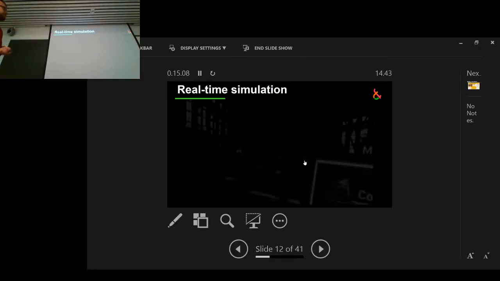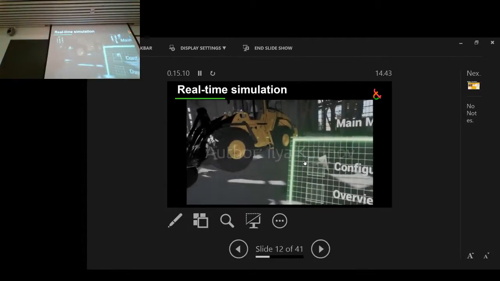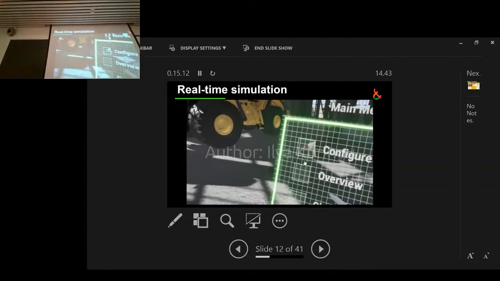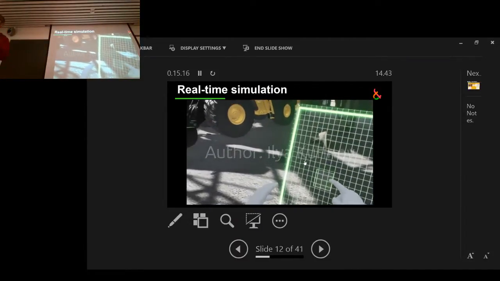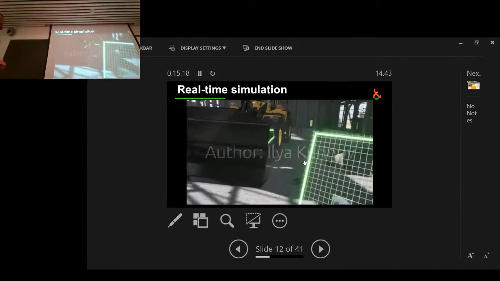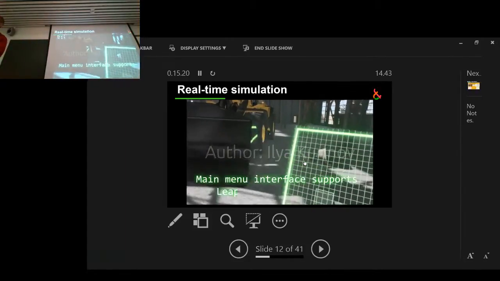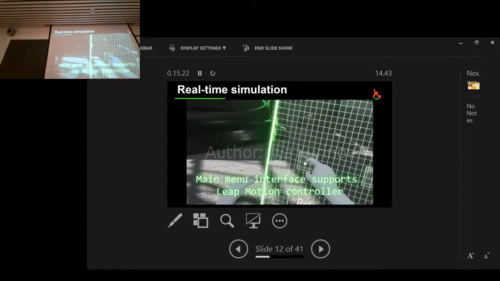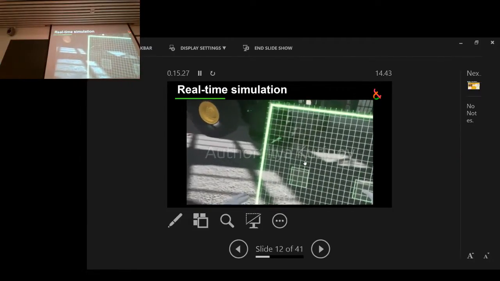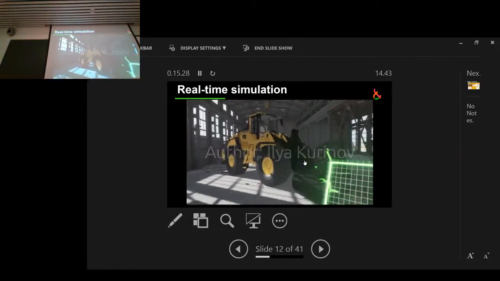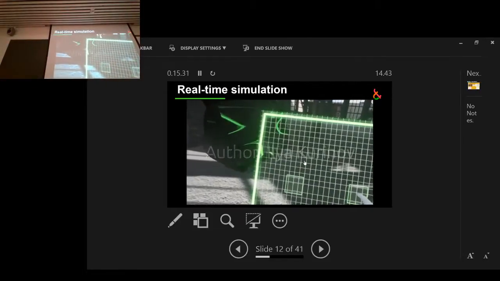Another one. This is Unreal Engine. Ilya will always put his name, and the music is super annoying, but don't focus on that. Focus on the visualization. This is when you tune the model, and then you run it.